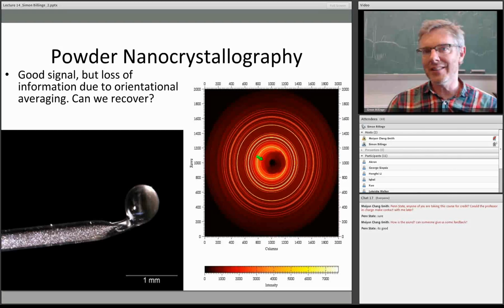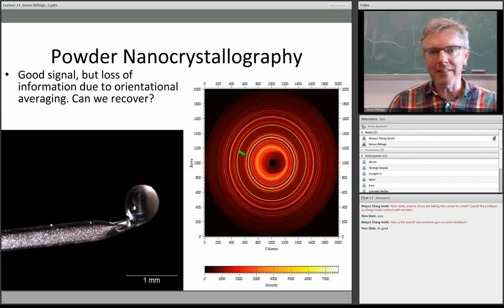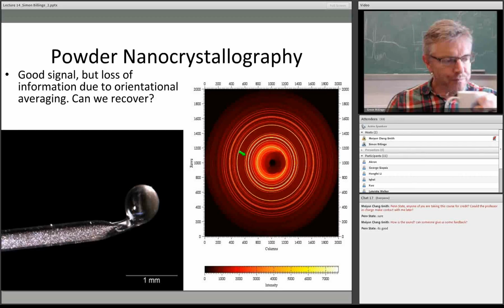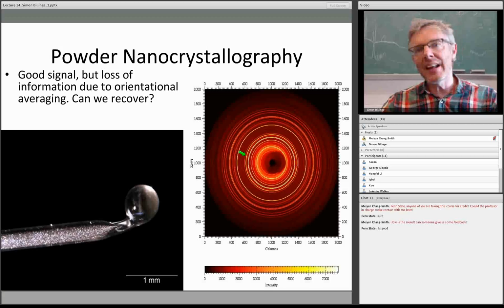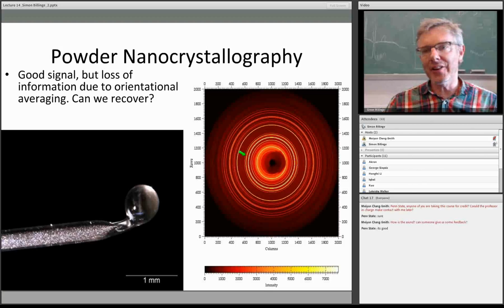I'm just using these for illustrative purposes. What we want to do is fill the capillary with powders of nanoparticles, collect a diffraction pattern that will look something like this, and then find ways of inverting it to get the structure out. That's the approach we're taking. It's a hard problem, we're making progress, and I'll tell you a little bit about that.